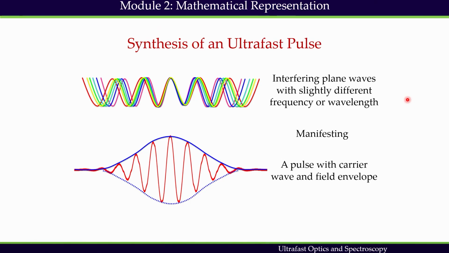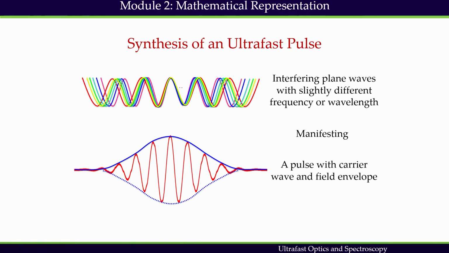Synthesis of such light pulses requires a large number of plane waves, or color components, or wavelength components. In this figure, we have represented a number of waves with different colors: red, yellow, green, blue.